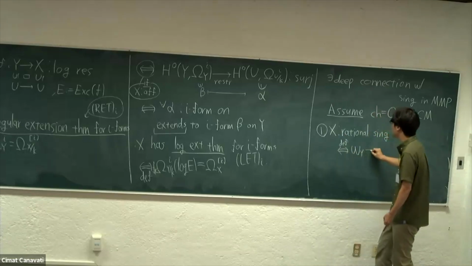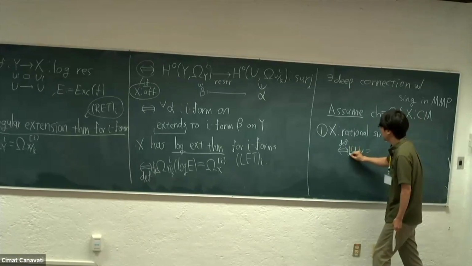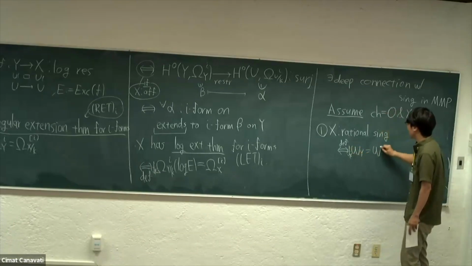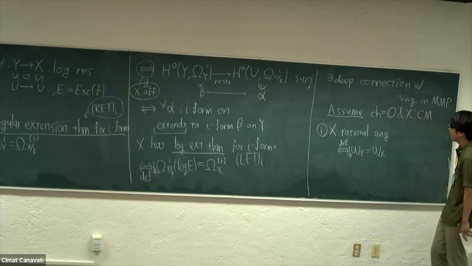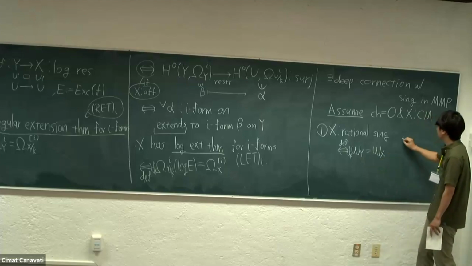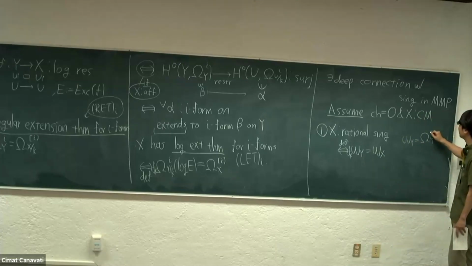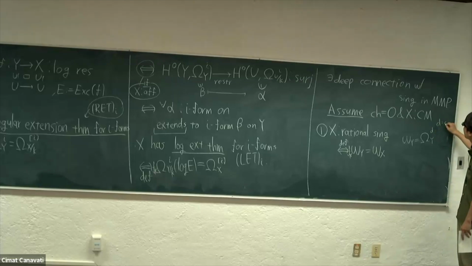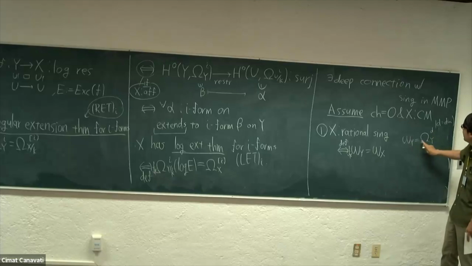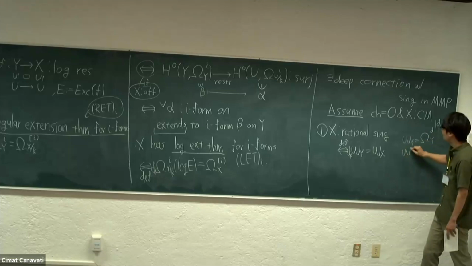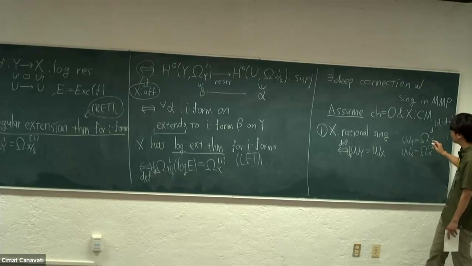Rational singularity is defined by saying that the pushforward of omega_Y coincides with omega_X, where d is the dimension. Omega_X is of course the bracket omega_X.